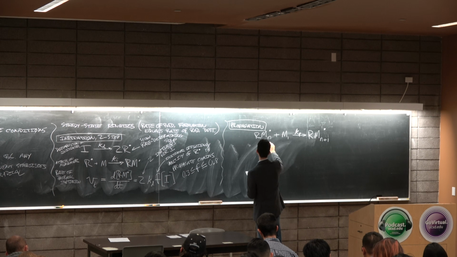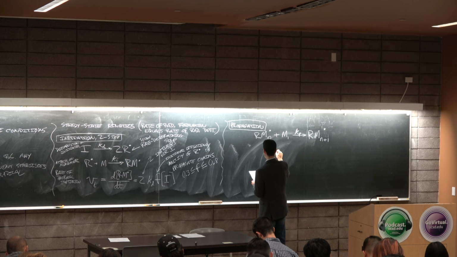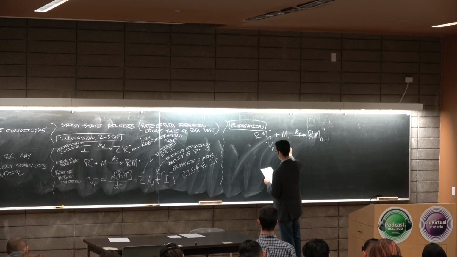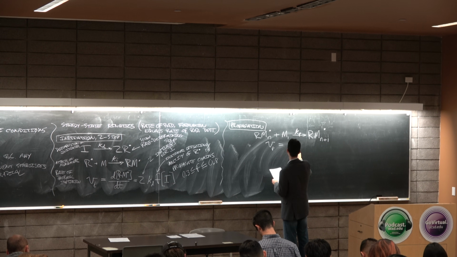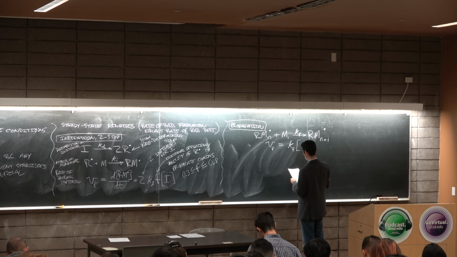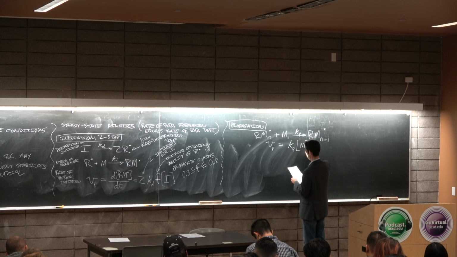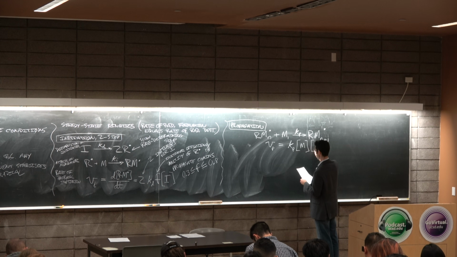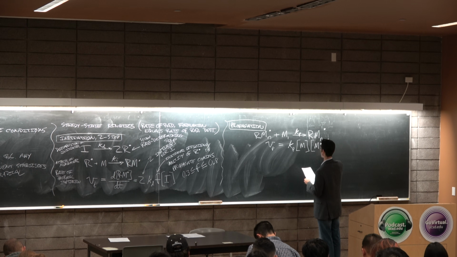And your rate expression is Vp is K propagation times the concentration of the monomers times the concentration of the growing chain ends.